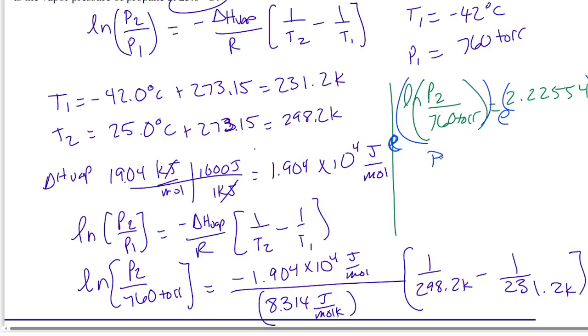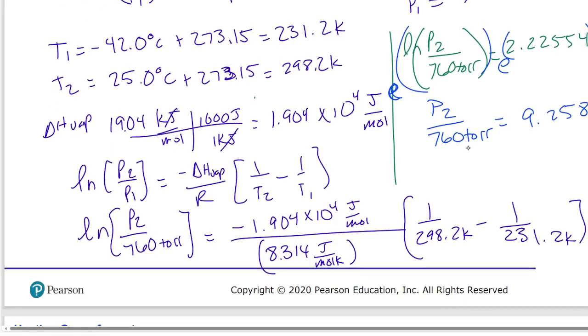And so we get P2 over 760 is equal to 9.25852. All right, so I'm going to multiply both sides by 760, and I get P2 is equal to 7040 torr.